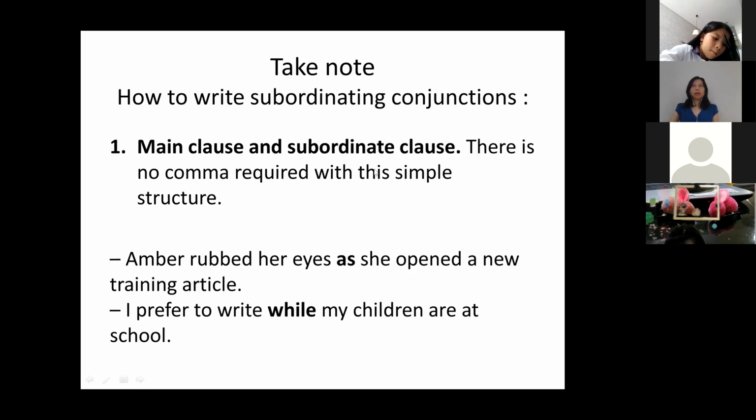There you go. Now these are the things that you have to take note. Please take note of everything. How to write subordinating conjunctions. The first way is to have the main clause first, followed by the subordinate clause. There is no comma required with this simple structure.